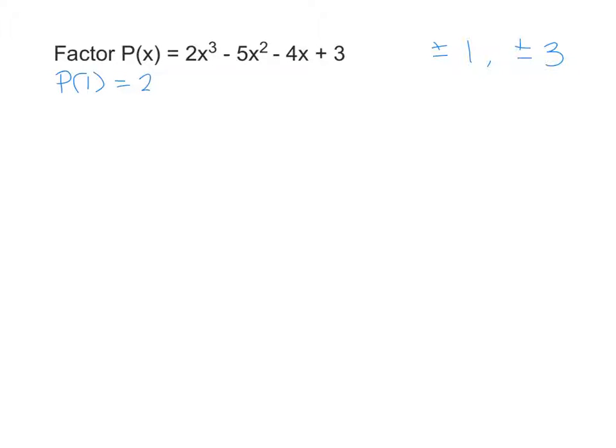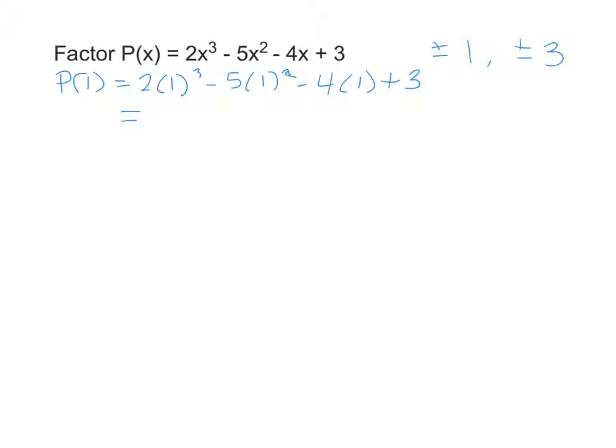So that's going to be 2 times 1 cubed minus 5 times 1 squared minus 4 times 1 plus 3, which is just filling 1 in for all the x's. I'm always going to test 1 and negative 1 first because they're the easiest. What am I looking for as an answer here when I simplify this? I want a 0 because I want it to divide in evenly.